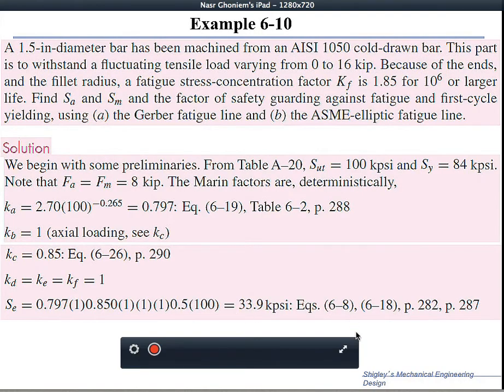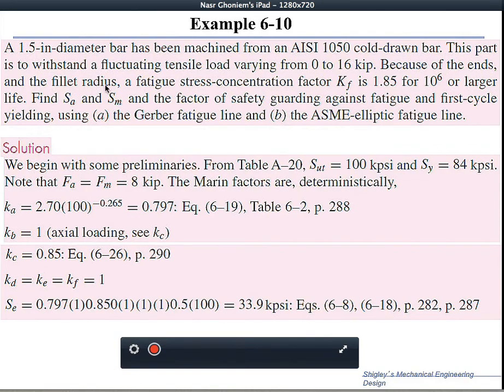So the first example that you see here is a 1.5 inch diameter bar, and it's machined. So the surface finish has been machined from AISI 1050 cold drawn bar, which means that I can go to the tables and find the ultimate strength for AISI 1050 and the yield stress as well.